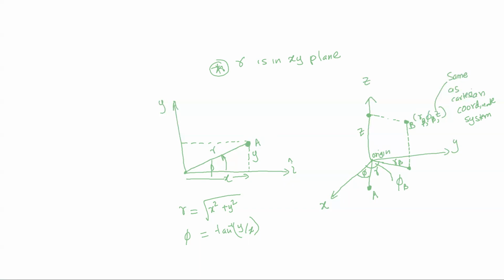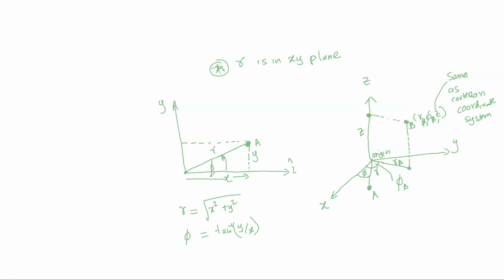So cylindrical coordinate systems are nothing but, according to my understanding, an extension of the Cartesian coordinate system. The only difference between Cartesian and cylindrical is that the xy coordinates have been replaced by r and phi parameters.